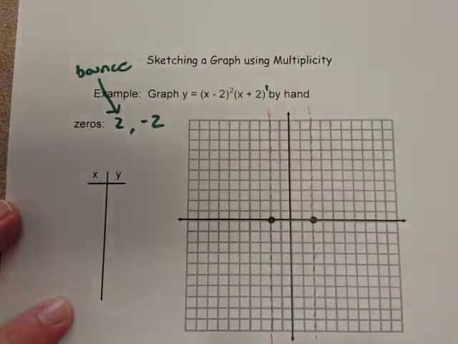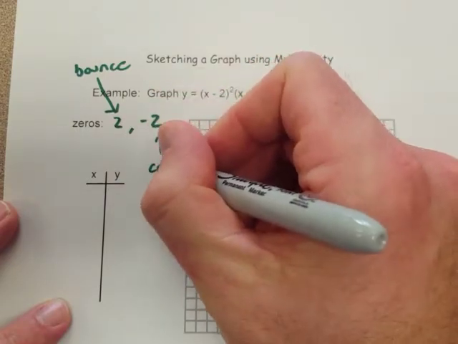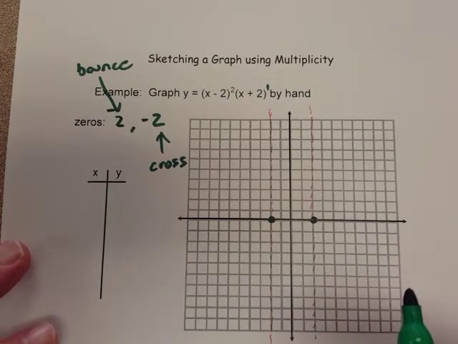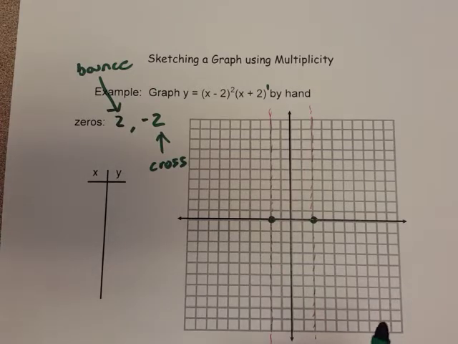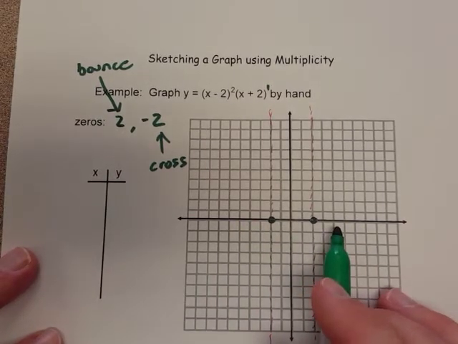Here is an odd multiplicity, the negative 2, so that one is going to cross the x-axis, and that's going to be helpful once we get our other points, just to get a general idea of the shape of that graph. At the end we're going to be checking it with a graphing calculator, but for now, let's pick some points, the easiest points we can think of.